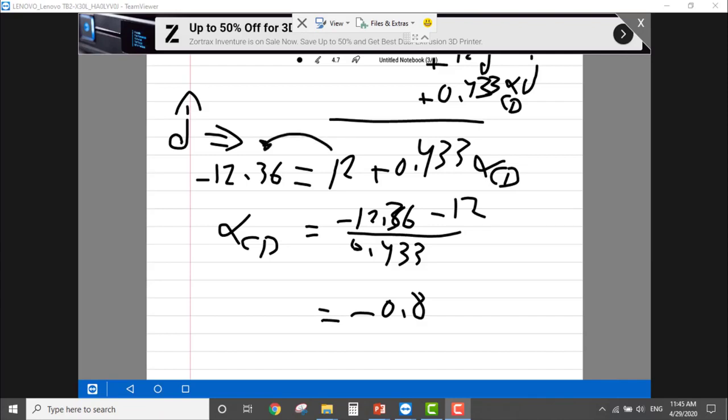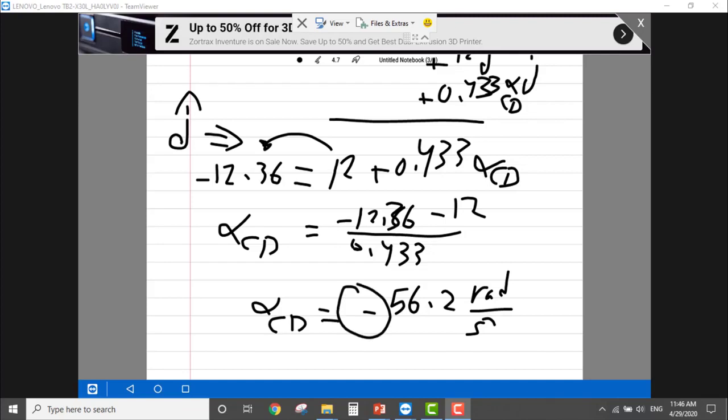So the correct answer is minus 56.2 rad per second squared. The minus sign means our assumption is incorrect, so the direction of alpha is counterclockwise instead of clockwise.